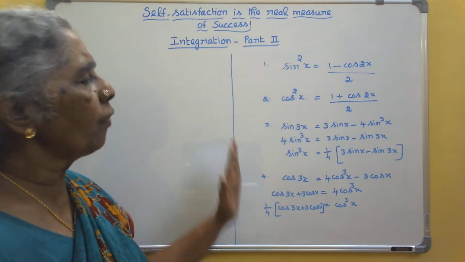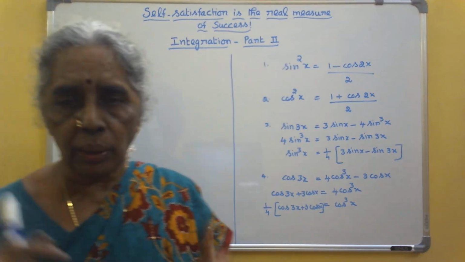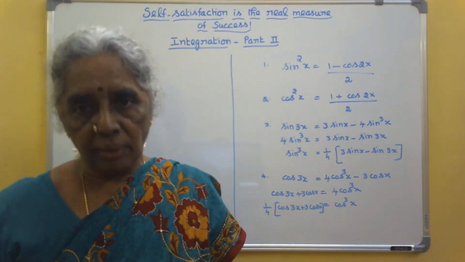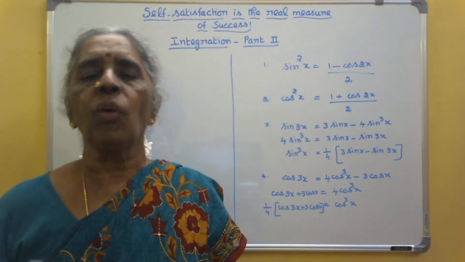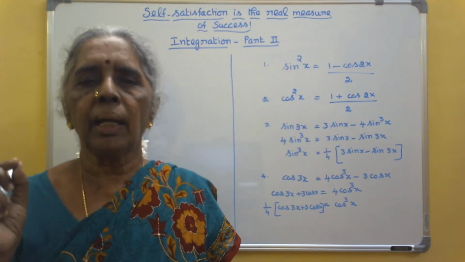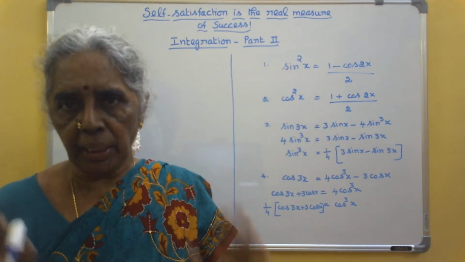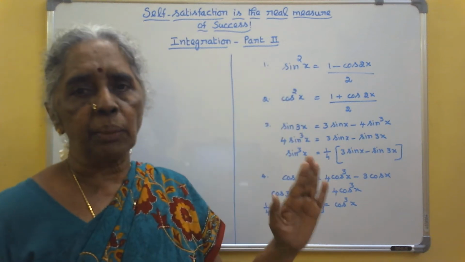So, these 4 formulae also you have to write down in your notebook, and there are some more trigonometric formulae which will help you to do the integration. So, definitely these are very important.